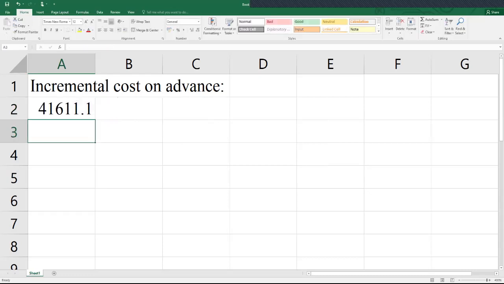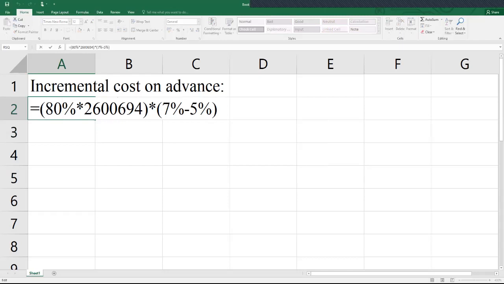So you can see this is going to be the answer. If the examiner double clicks on it, he's going to see your workings and how you were able to arrive at $611. So you don't have to do it manually.